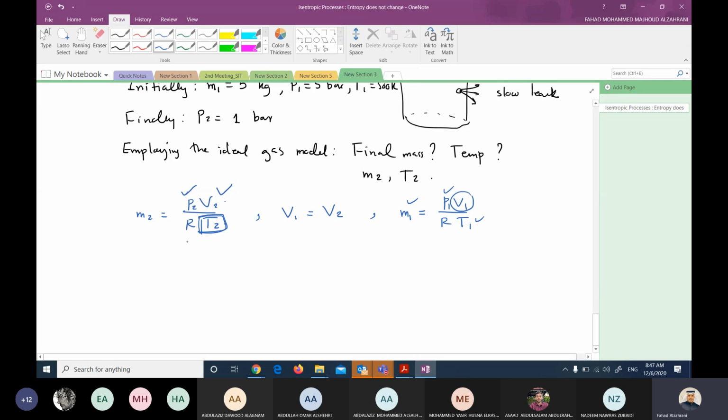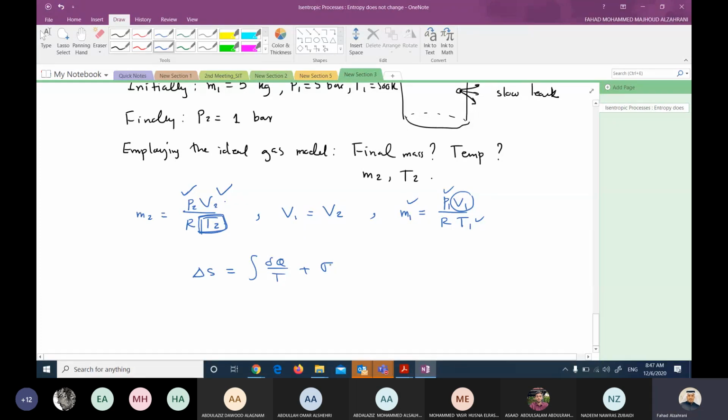What we can do, since this is a well insulated tank, is write the entropy balance: dQ over T plus sigma, the entropy generated.